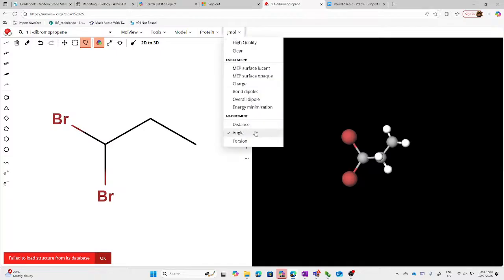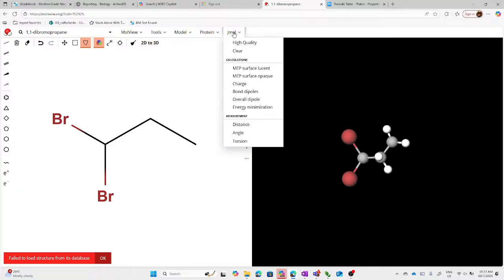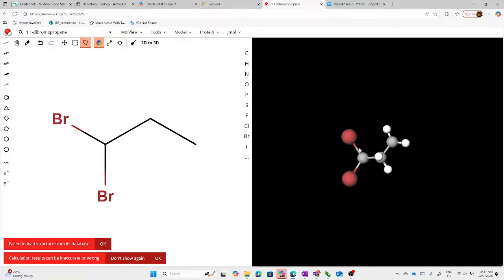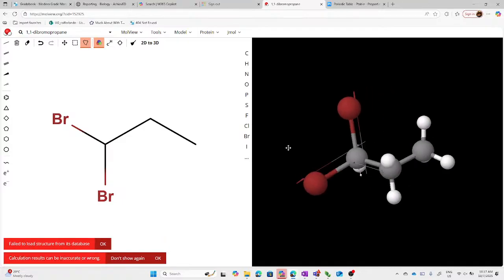So those partially cancel, right? The left and the right of it cancels, but there's still a pull in this direction, depending on how you want to view it. The pull this way cancels with the pull that way, but they're both pulling in this direction. So if we go bond dipoles, we get bond dipoles, right?